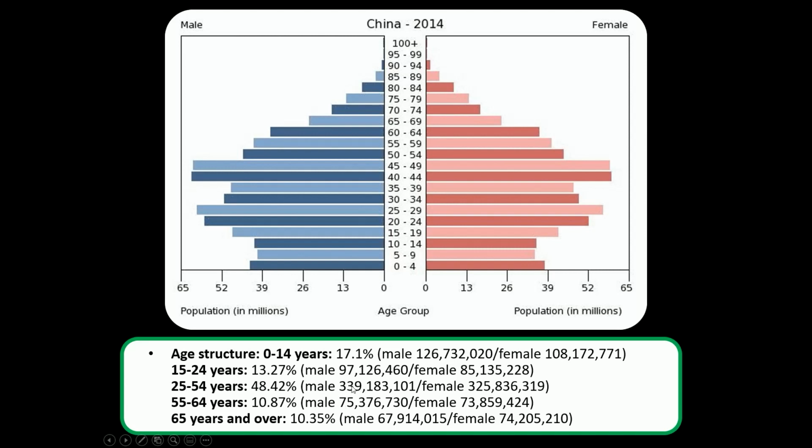And then you see that it gets to its widest point right around the 45-50 age category, people age 40 to 45 also a pretty large number, and then a sudden, rapid decline in the number of individuals, right? This is when the one-child policy starts to go into effect.